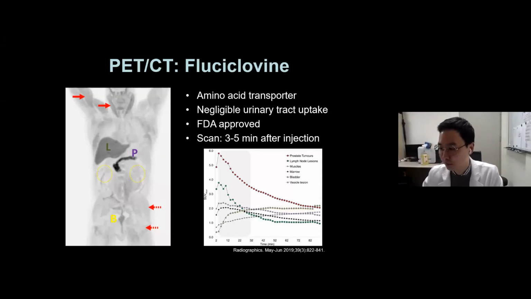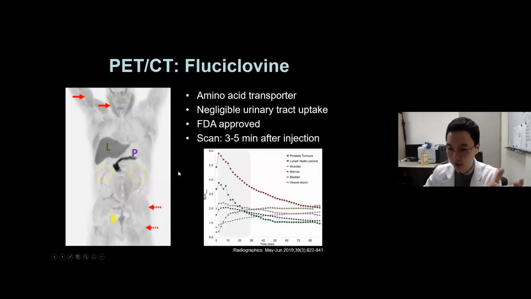The patient comes and prepares, and after the injection, they do the imaging at 3 to 5 minutes, for about 20 minutes. So the imaging time will not be longer than 30 minutes, which is very short compared to other agents like FDG or PSMA agents.